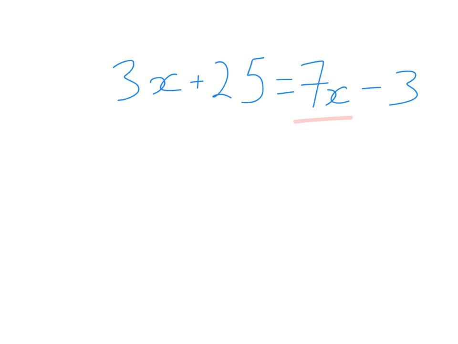So to get rid of 7x on the right hand side, we're going to want to take away 7x. So we'll write out both sides. Taking 7x away from each side this time.